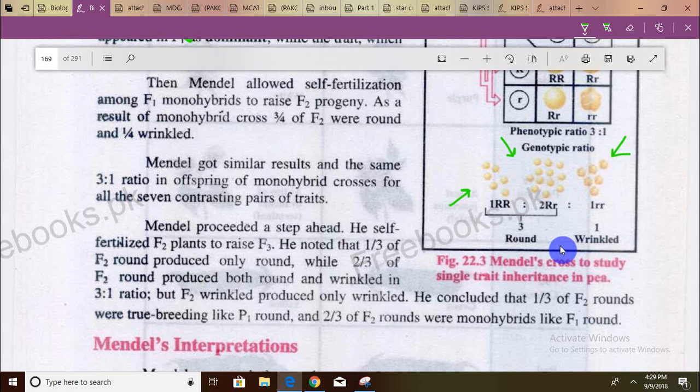And he noted that 1/3 of the F2 round produced only round, while 2/3 of the F2 round produced round and wrinkled in 3:1 ratio. Now this is interesting. So we know that 3/4 were round. Out of these, 1/3 of round on self-fertilization produced only round.